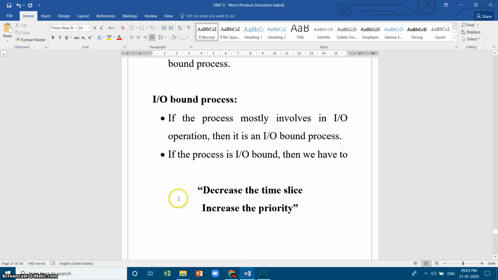For the same reason, we are going to apply it here. So when it is an IO bound process, it is not going to be inside your CPU. So you are going to decrease your time slice and you are going to increase your priority. The priority is increased for your IO bound process because it is going to take only less time slice inside your CPU.